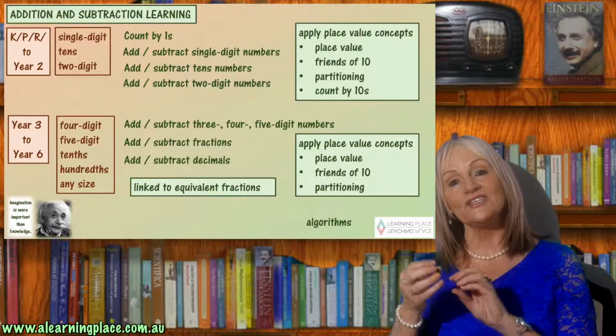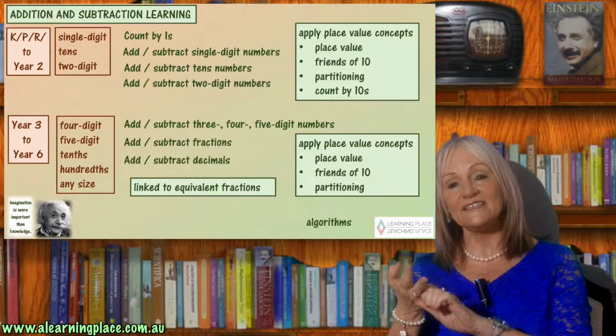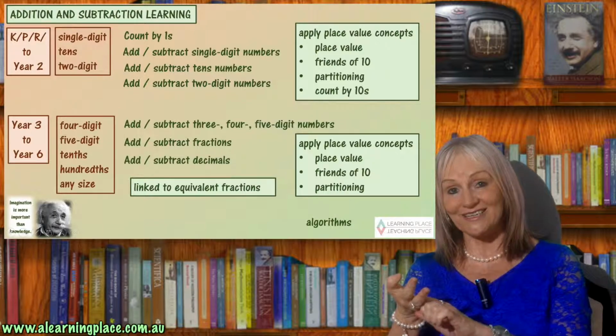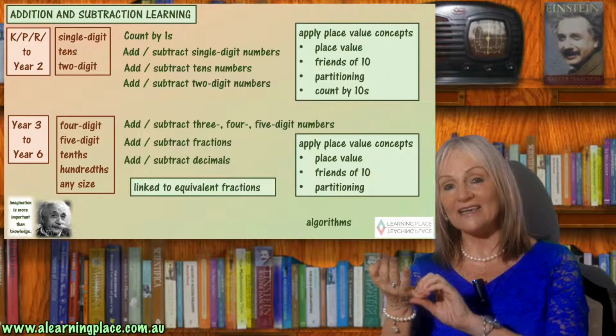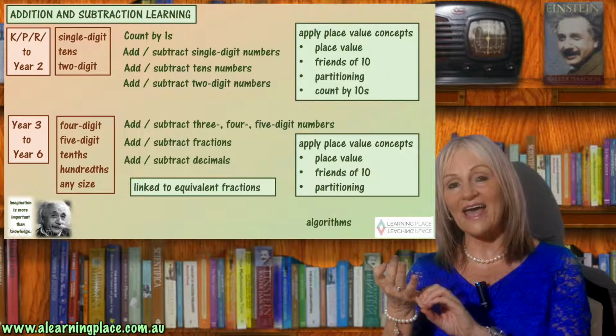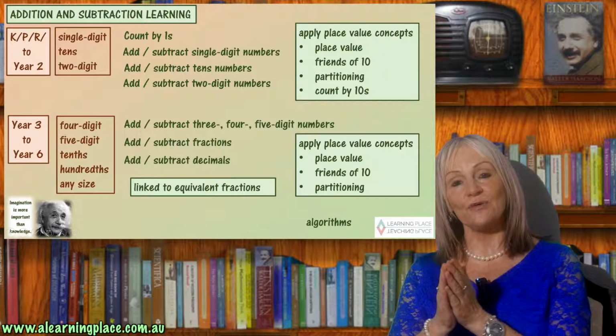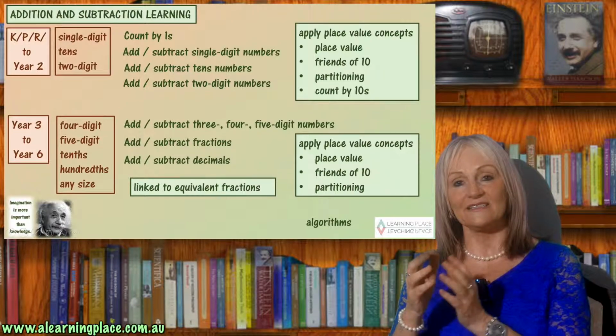In year 2, children now start to add tens numbers, and then they start to add 2-digit numbers. They need to go through adding tens numbers before they add 2-digit numbers because they've never added or subtracted tens numbers before. So now we're going to go on to year 3 to 6.